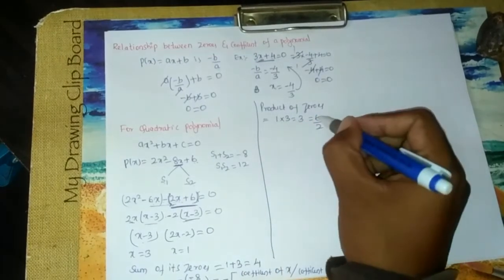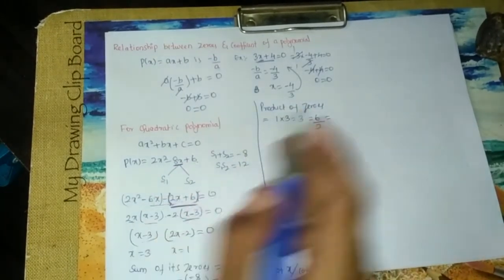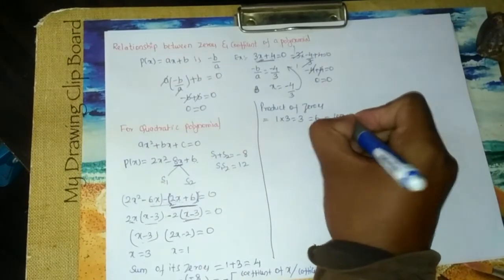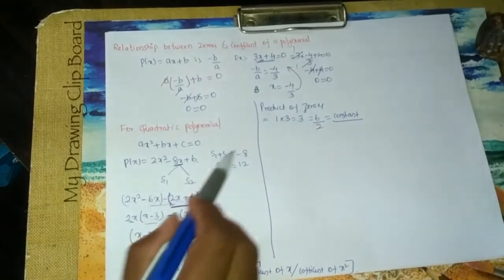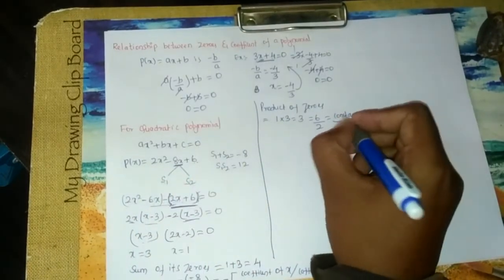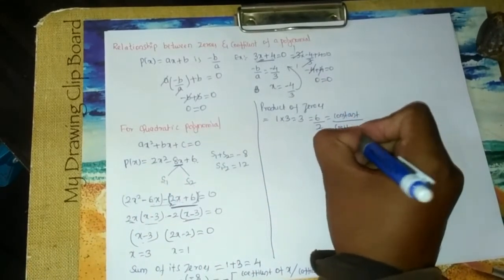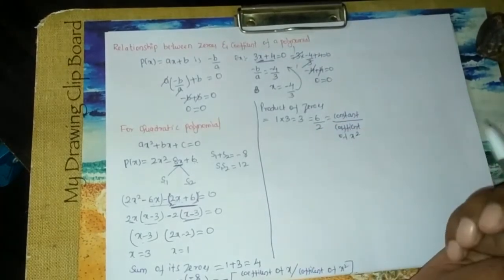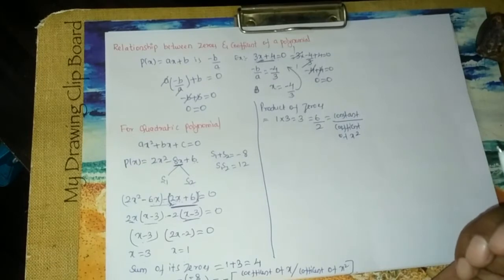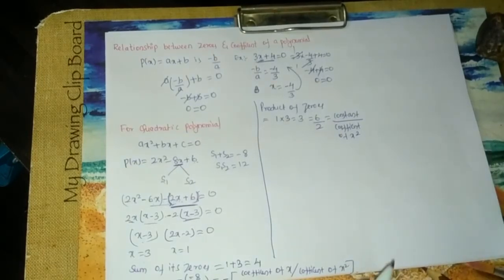So 6 is the constant term, and this 2 is the coefficient of x square.